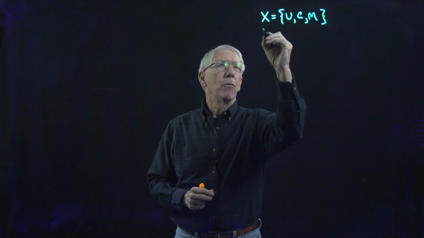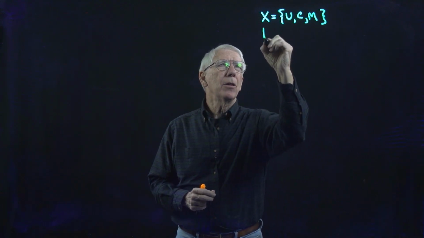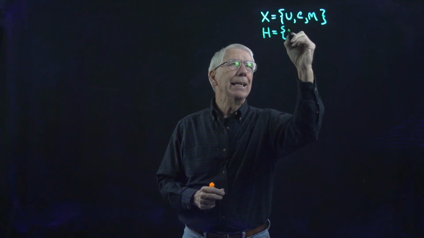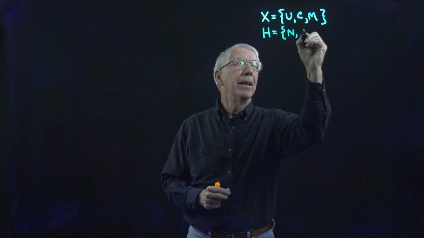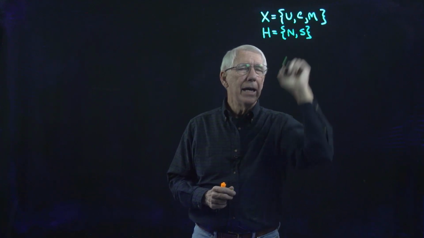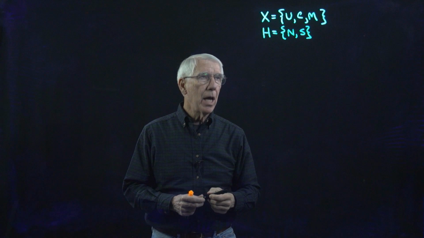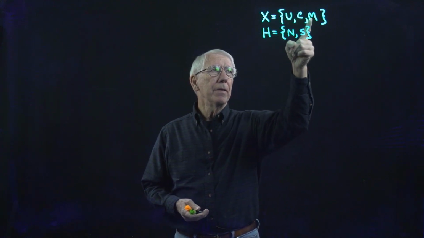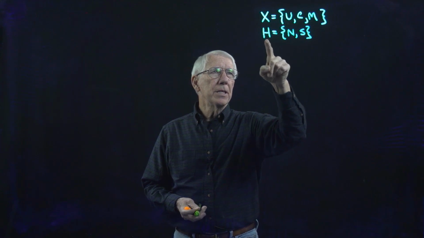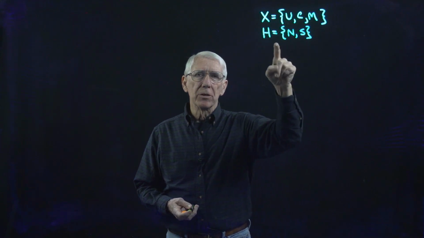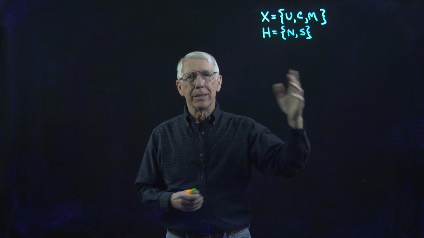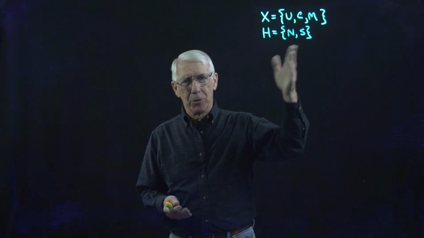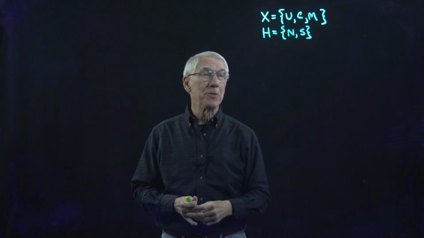And let y, in fact, let me call this h, be N and S. So this stands for the United States, this is China, this is Mexico. This is the set of hemispheres. Of course, I could have whatever, Eastern Hemisphere and Western Hemisphere, but I'm only working with the Northern Hemisphere and the Southern Hemisphere here.